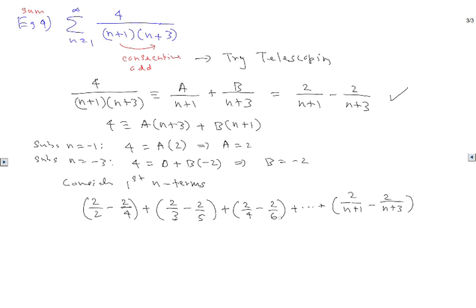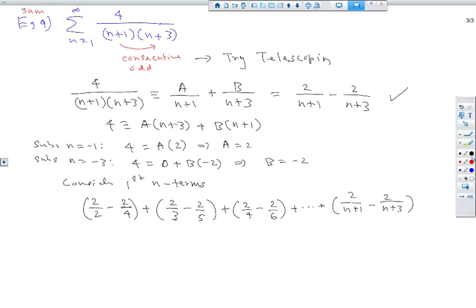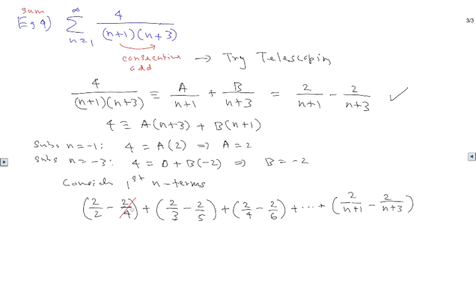Now let's see what's going to happen. When you look at this sum, you're going to see some terms get cancelled. It's a little far away, but you can see that it's going to start cancelling. You're going to see that this term cancels with that term.